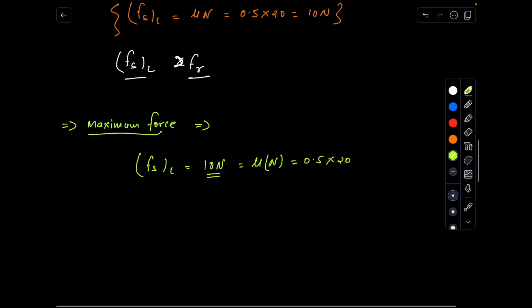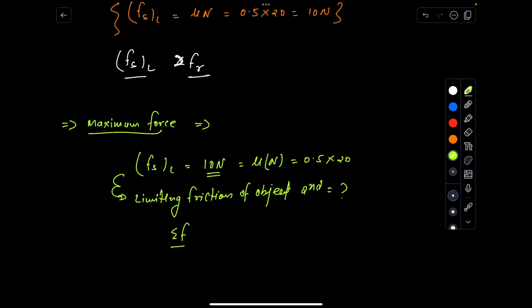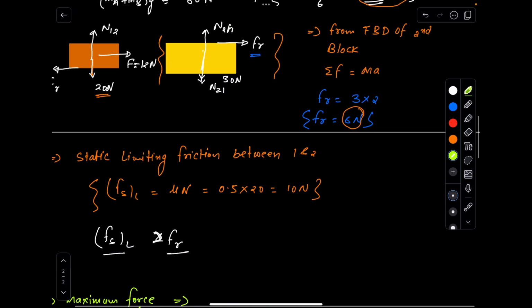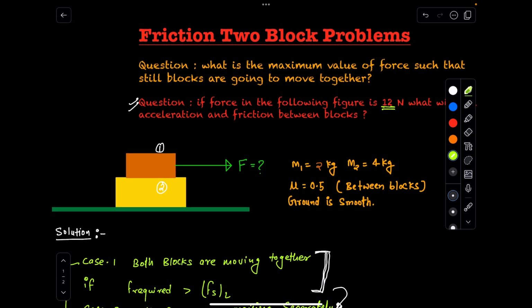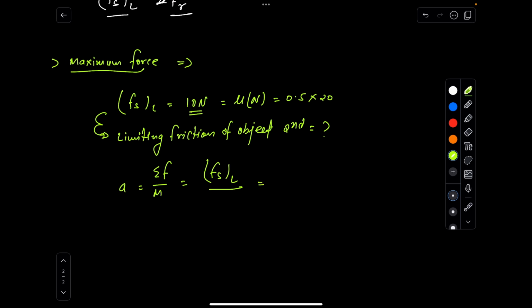Now from here we will find the limiting acceleration of the second object. That will be the total force on the second divided by its mass. Here the total force will be the static limiting value, that is the maximum value of the friction which can act on the second block. So this becomes 10 Newton divided by the mass of B, which is 4.